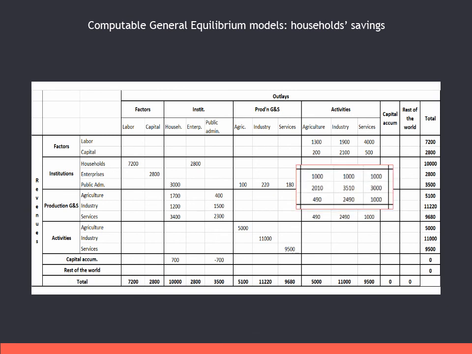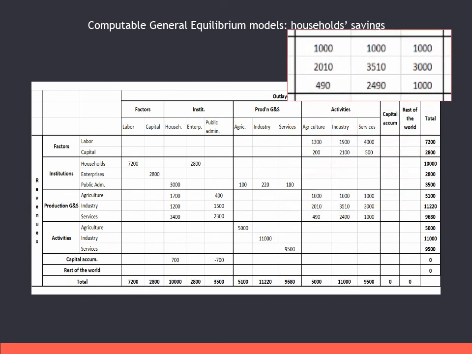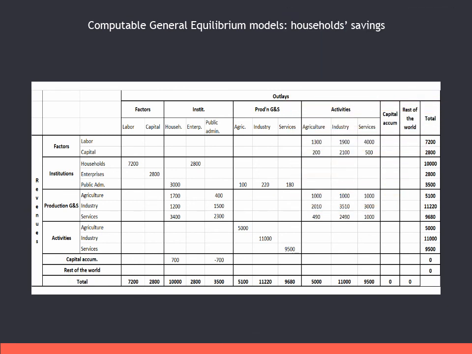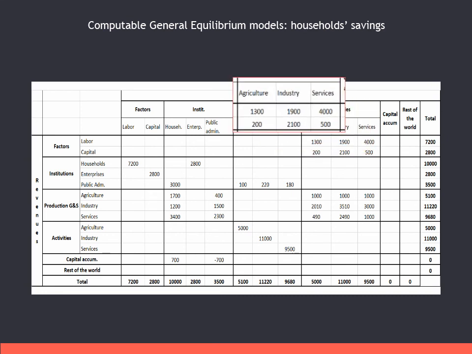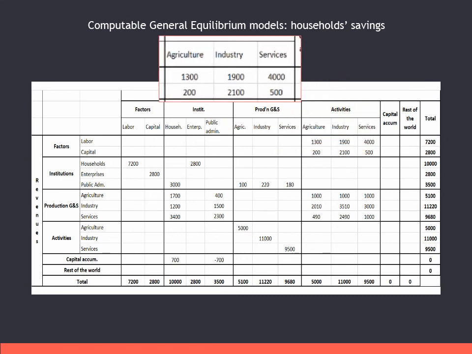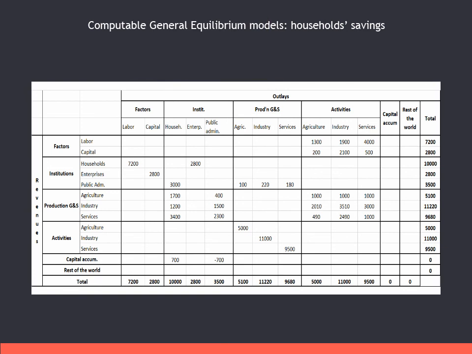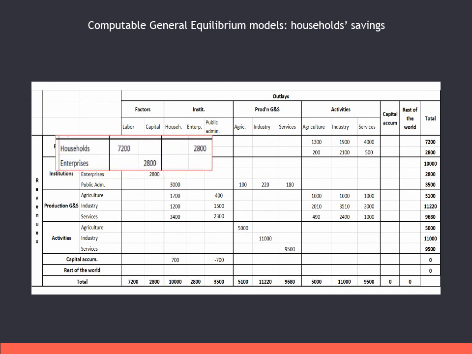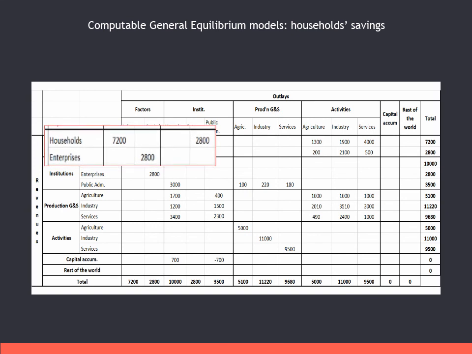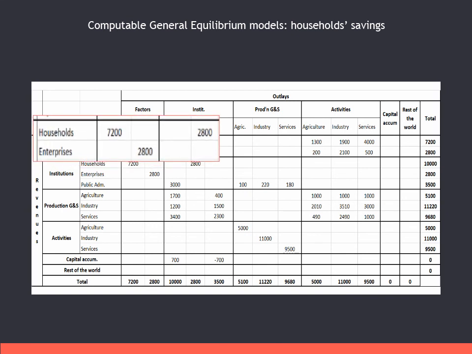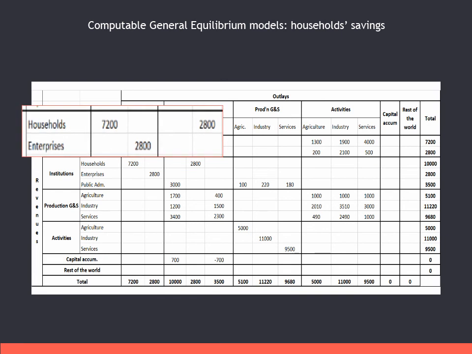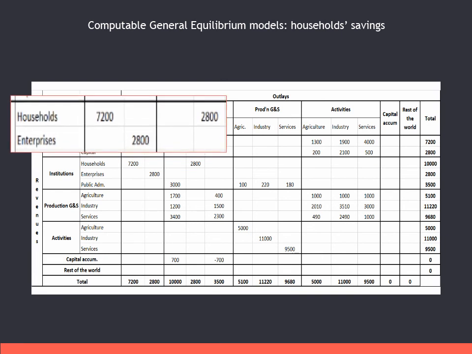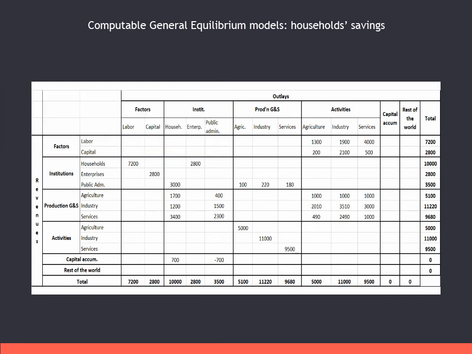You've got a matrix of intermediate consumption. You've got a matrix of remunerations of productive factors, labor and capital, in agriculture, industry and services. And so this gives birth to households' income, directly for labor, and concerning capital, capital gives remuneration to enterprises which distribute profits to households.